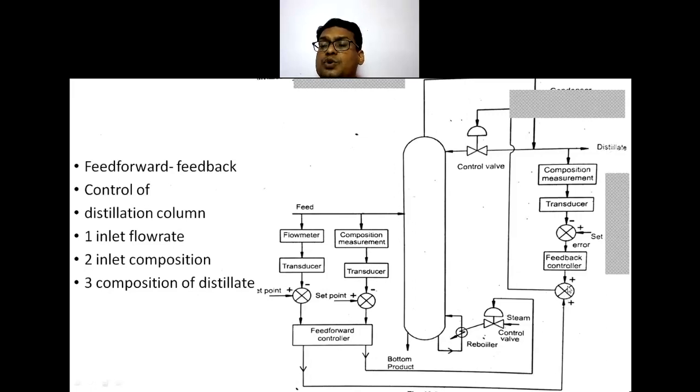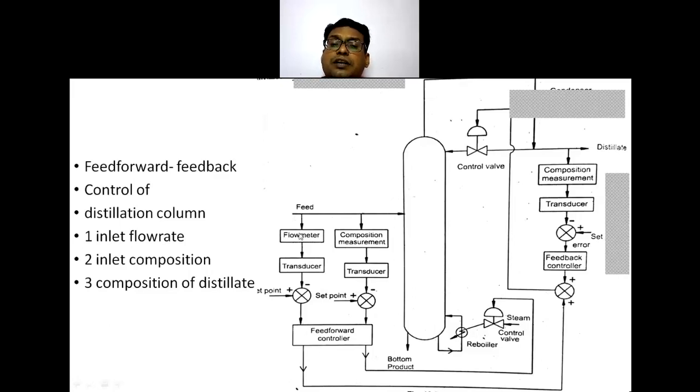So the comparator receives one signal from this feedback loop. However, from the feed forward loop, we are having the inlet temperature, inlet flow rate and inlet composition. So the feed flow rate, inlet temperature and inlet composition are of concern.